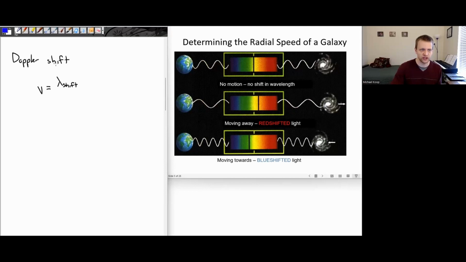is equal to the shifted wavelength. And this is what we actually see in the spectrum. So this is what we observe in the spectrum of a moving object.